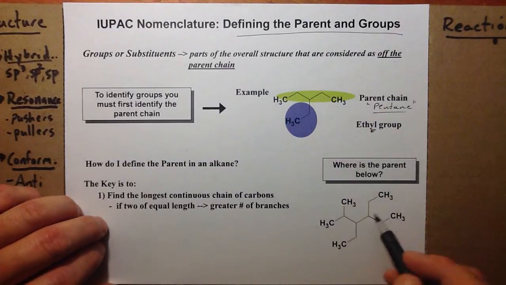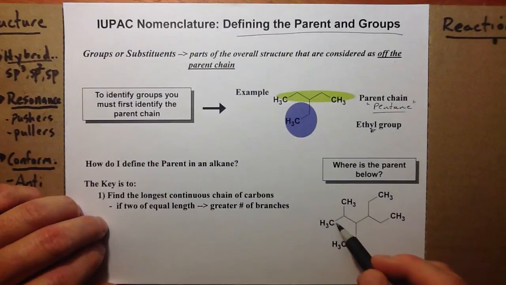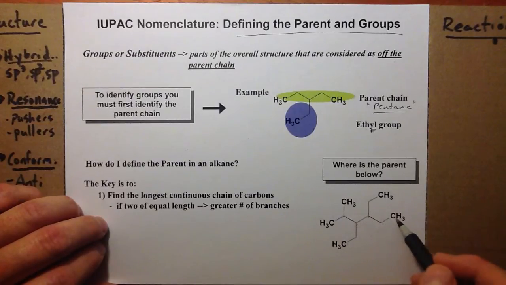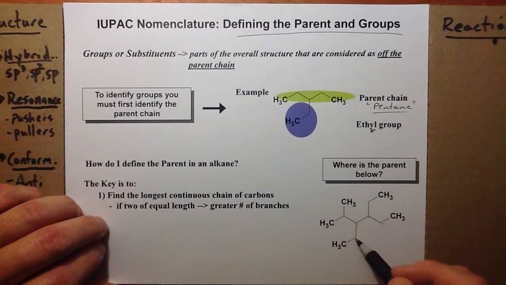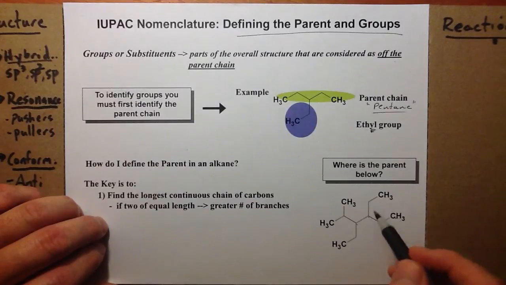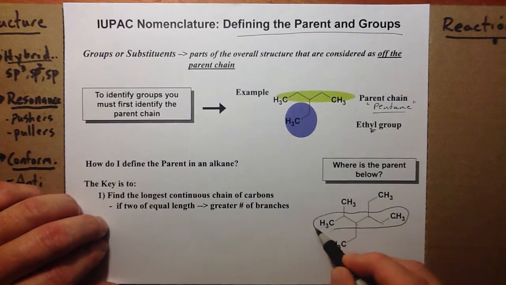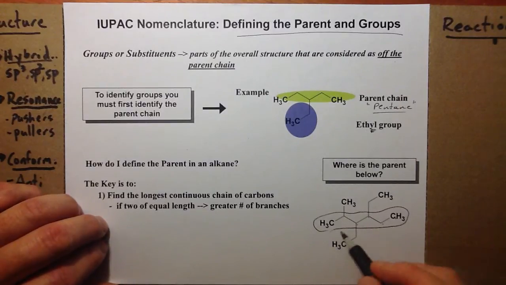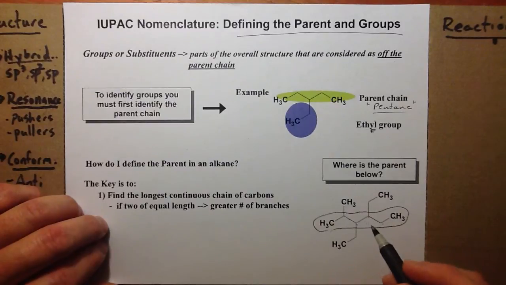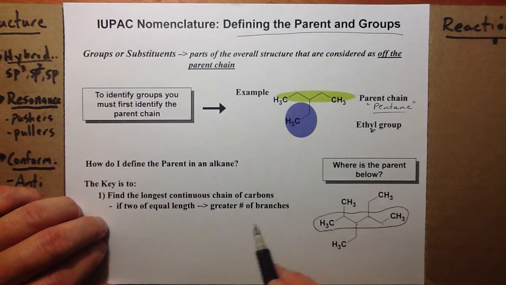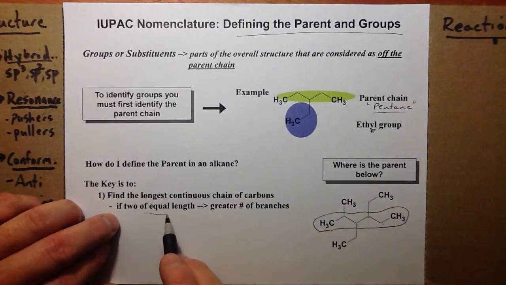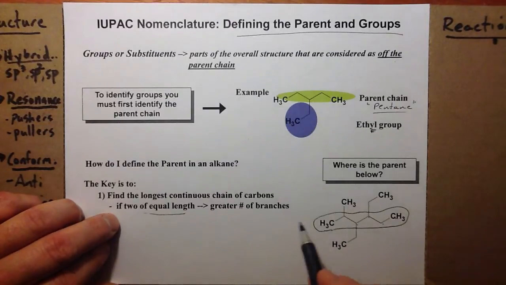So where is the parent below? We'll get to the full name later, but we can consider 1, 2, 3, 4, 5, 6, or 1, 2, 3, 4, 5, 6. Now I'm going to go on this line of carbons, not because it's on the horizontal, so don't be fooled. Sometimes those parents aren't along the horizontal. But I'm going to circle this one because we're going to use this rule. If 2 are of equal length, then we're going to go with the greater number of branches.